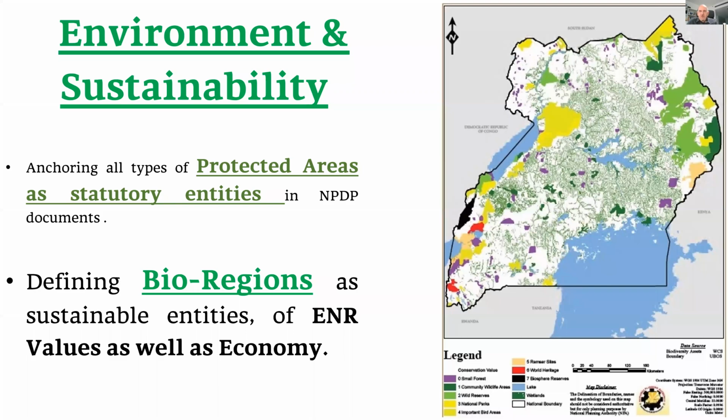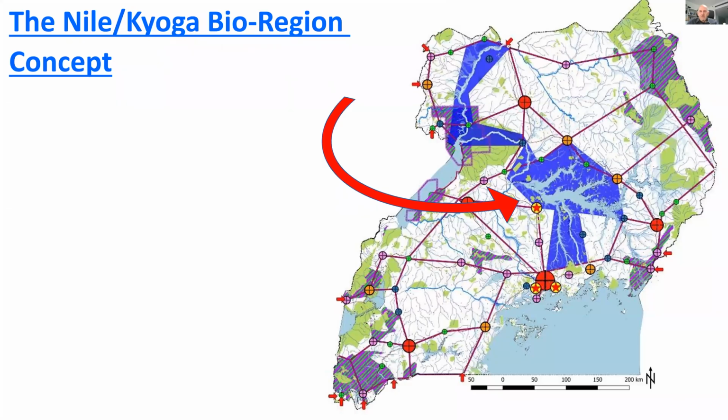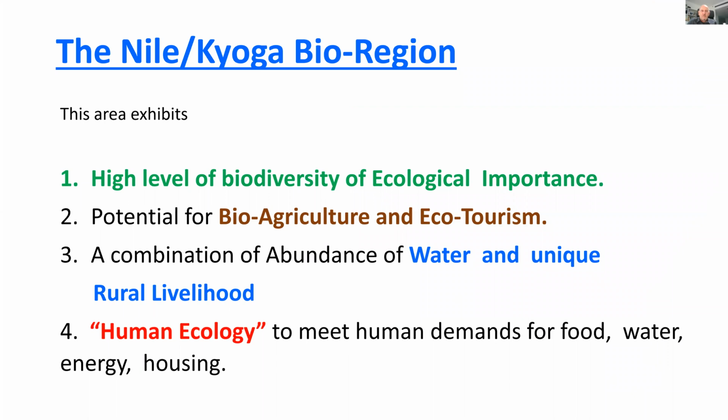You can see the blue form with all the water bodies around there. This was defined in the plan as a bioregion, which will be of high level of biodiversity and ecological importance.